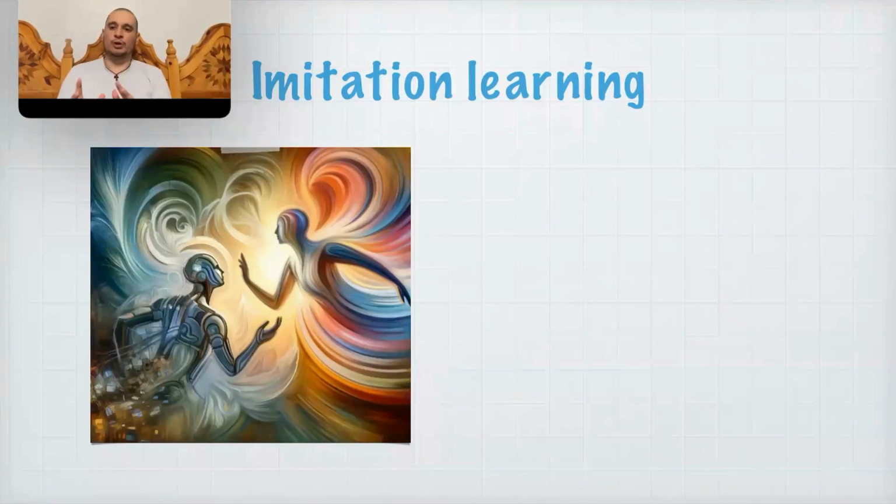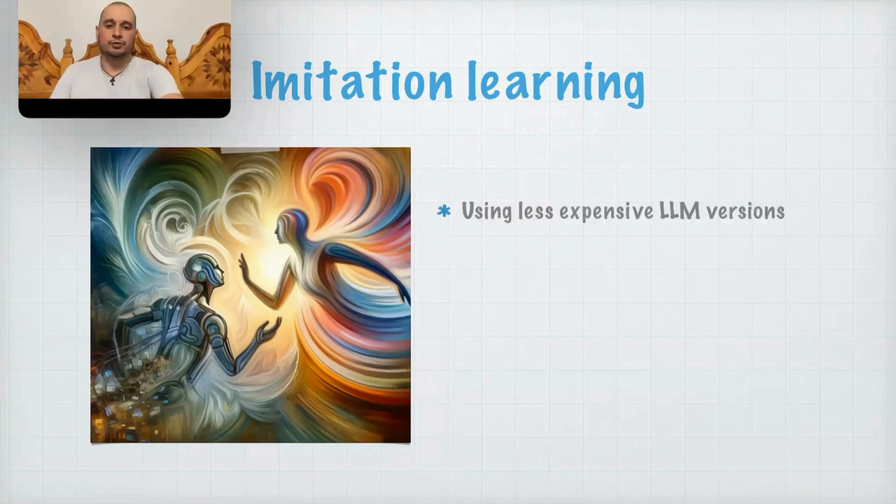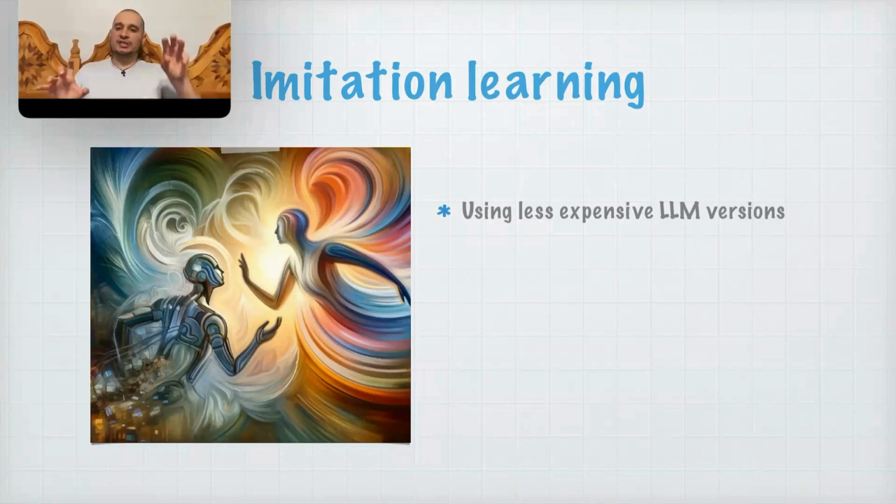The first one that I want to talk with you about is imitation learning. How can we use this idea of imitation learning to create powerful applications that bring value to society? Well, a very financial one, but very simple and very important: using less expensive versions of large language models. This process of using imitation learning can be relatively easy to implement for finding prompts that perform just as well as prompts in expert models.